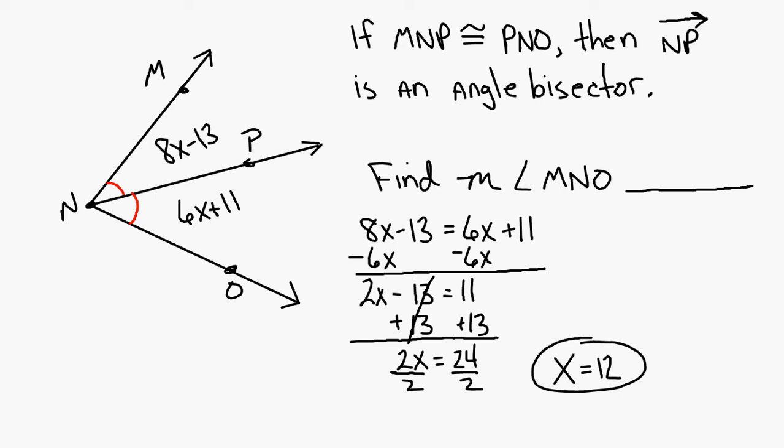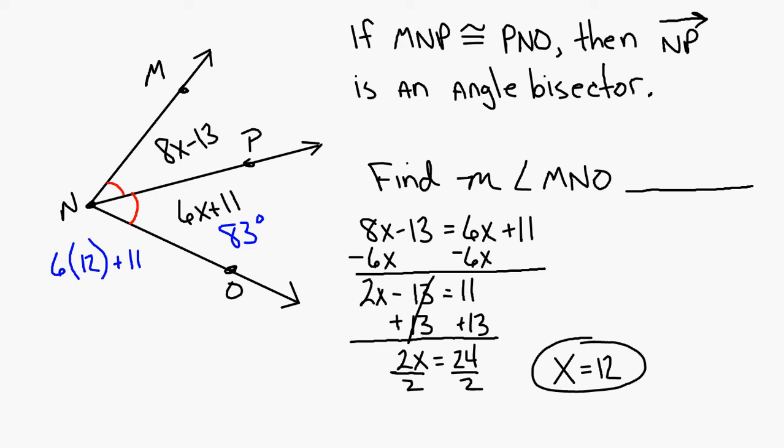So how do you find each angle measure? You plug x in. Substitute, right? So 6 times 12 plus 11. What's 6 times 12, plus 11? Okay, so this angle right here is 83 degrees. Is that what they're asking you for?